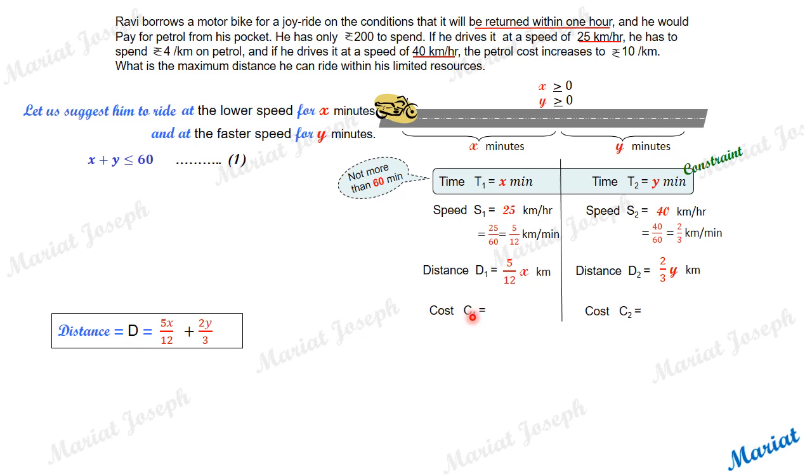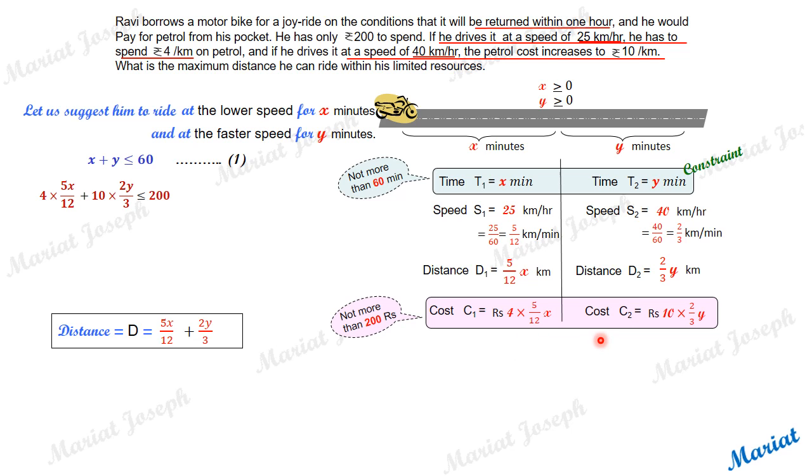Also, the cost for the first segment per kilometer is 4 rupees, and he will be covering 5x by 12 kilometers. Hence, 4 into 5x by 12 rupees will be the cost for the first segment, and for the second segment it will be 2y by 3 into 10.